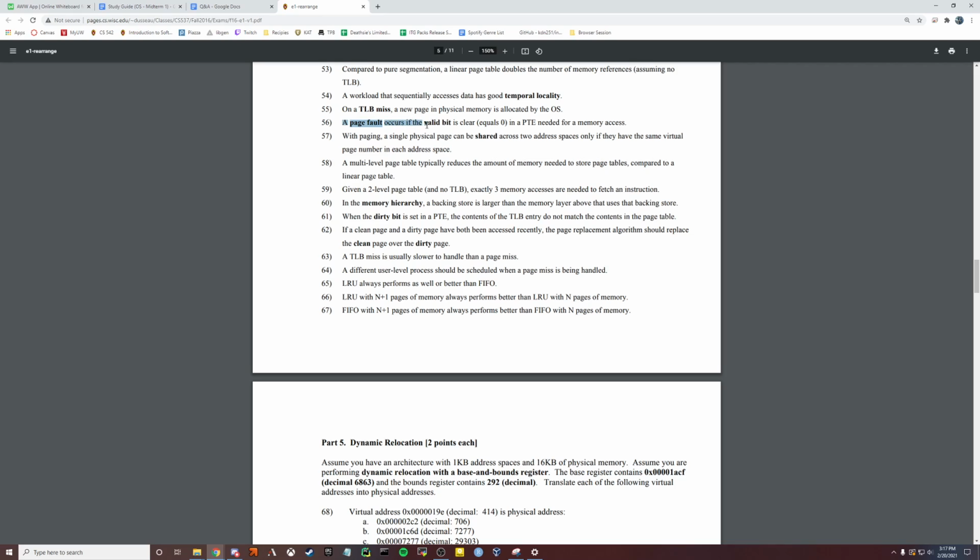56, a page fault occurs if the valid bit is clear, equal to 0, and a PTE is needed for memory access. Is that true? Let me look up page fault notes. We definitely went over this in a recent lecture. I just don't remember exactly which one. Lecture 7.